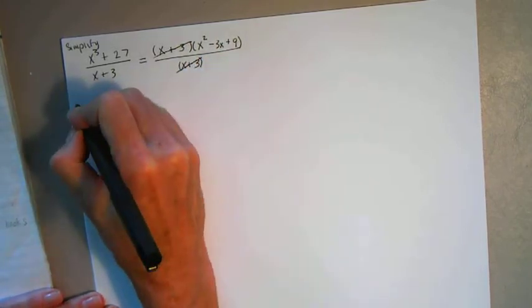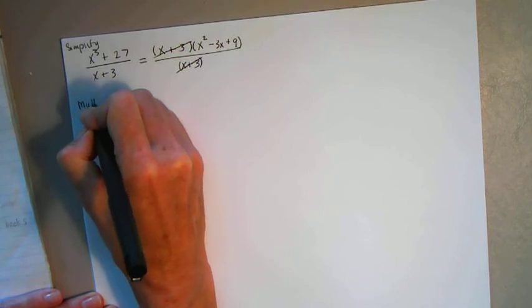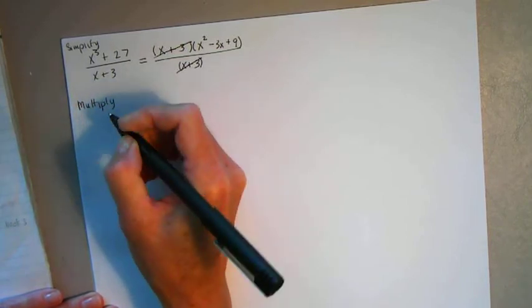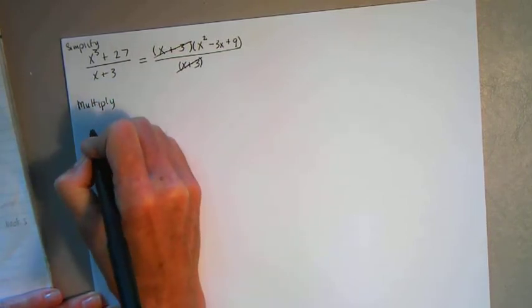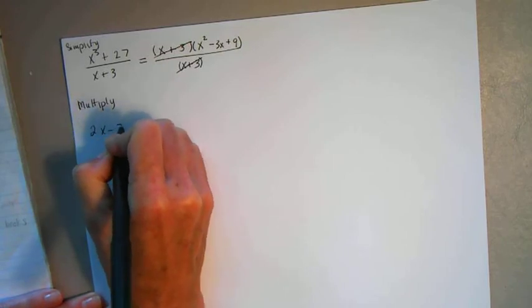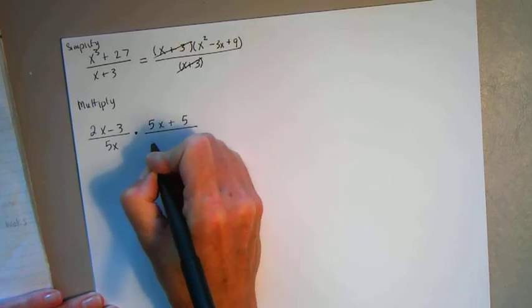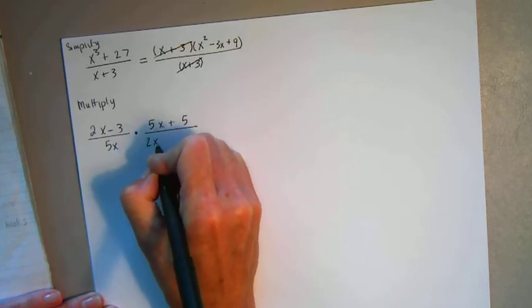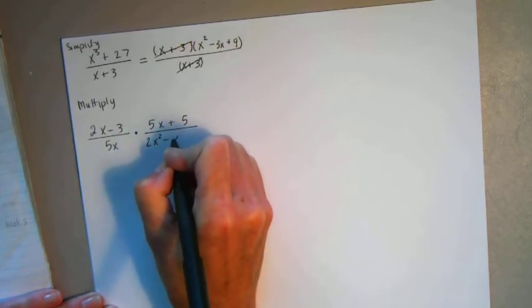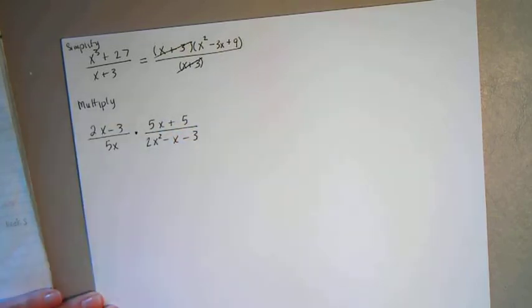Alright, now they'll go one more step and they'll ask you to multiply. And then you'll see something like this. So maybe pause it for a second and write that down. And you try and factor it to begin with. And then see if you factor correctly.